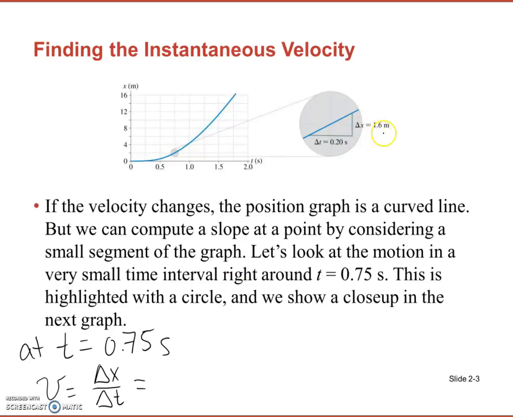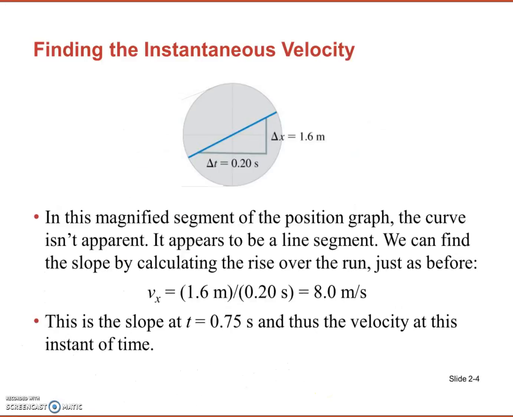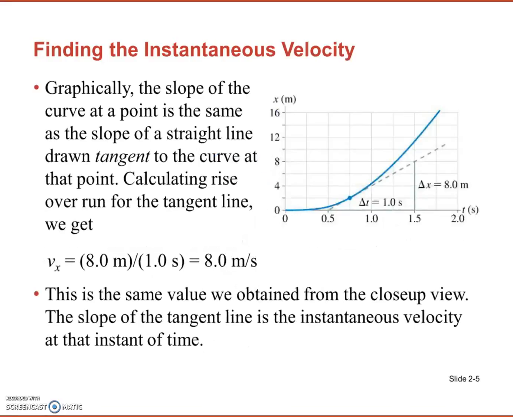In this case, our change in position is 1.6 meters divided by 0.2 seconds, the horizontal time, and 16 divided by 2 is 8 meters per second. So we can see the velocity in this case is in fact 8 meters per second, just as we found before when we had a constant velocity. This is the slope of that curve at the point t equals 0.75 seconds.